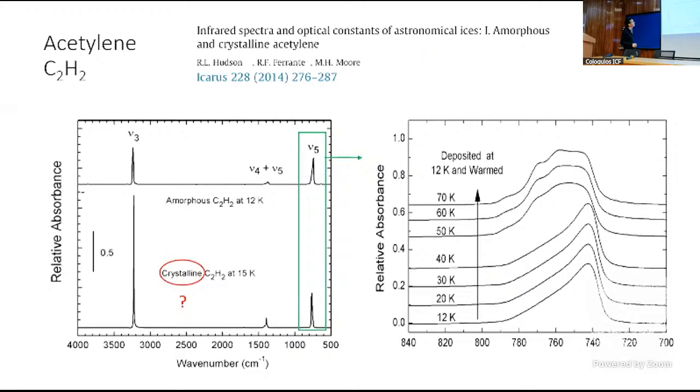They work with C2H2. And they see here, playing with temperature, two different phases. When they grow these ices in the lab, they measure the spectra here. And you see, they did several tests, but on this one, they grow it here. And then when they heat it, it doesn't change much.